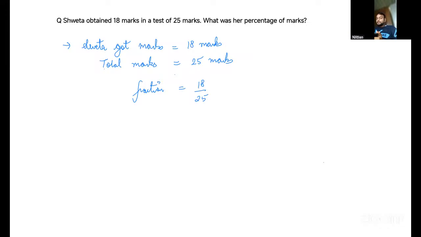We have to multiply it by 100. Did you understand? So when I multiply it by 100, it will become 72 percent. Guys, did you understand? Yes or no? Clear it out. Then I will give one question.